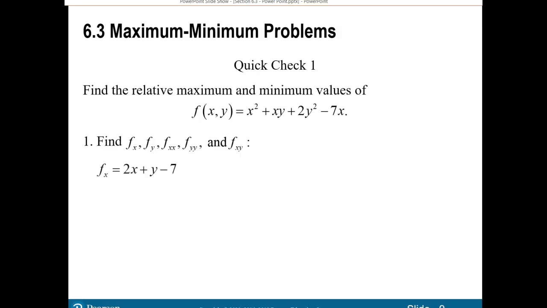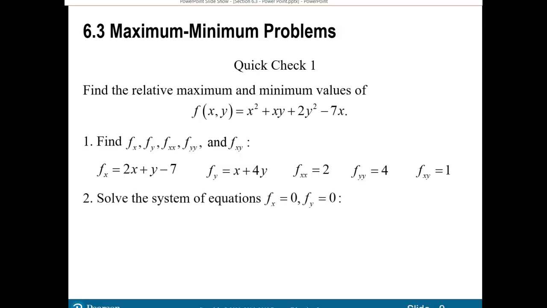So partial derivative with respect to x is 2x plus y minus 7. Partial with respect to y is x plus 4y. And then with respect to x twice, so take that first with respect to x and do x again, we get 2. With respect to y a second time, we get 4. And then the mixed partial, x and then y is 1.